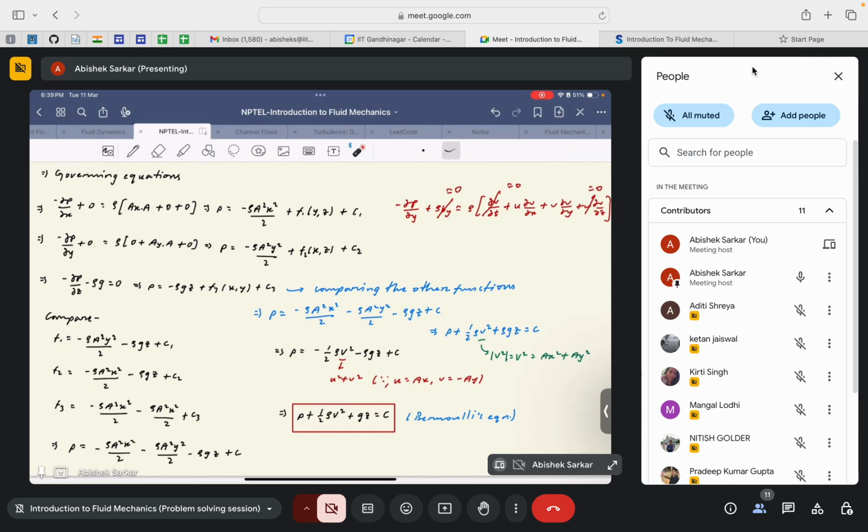That's why it's very important to know the factors required for the validity of Bernoulli's equation. In fact, in many competitive exams such as GATE and ESE, or even in your college interview questions, these assumptions are asked again and again: what are the assumptions required for the validity of Bernoulli's equation?